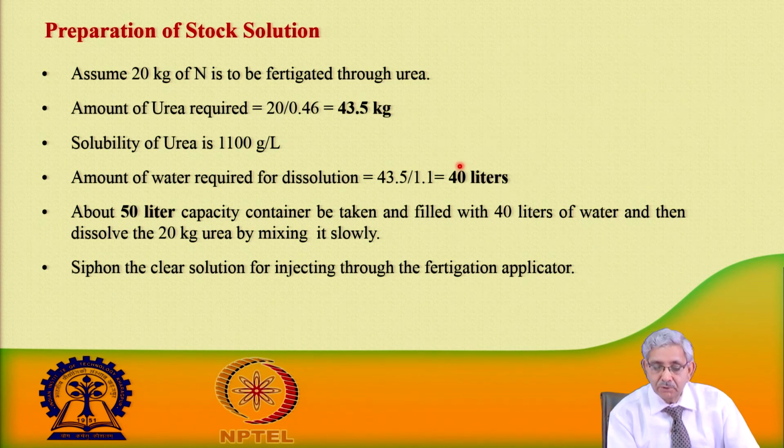So, we need to use 40 liters of water to dissolve the 43.5 kg of urea, and a container of about 50 liter capacity is enough to store 40 liters of water, which will dissolve the urea so that 20 kg of nitrogen can be given. We will be using the siphon, taking the clear solution and injecting it through the fertigation applicator.